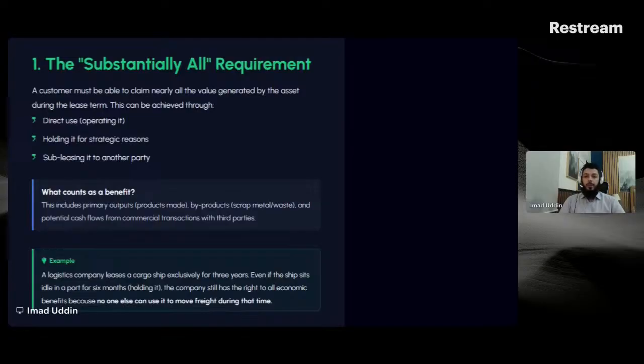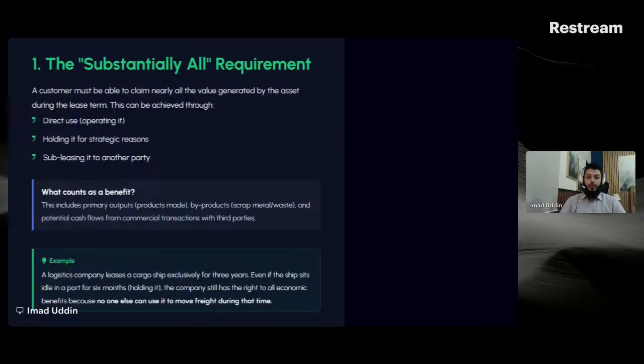A customer must be able to claim nearly all the value generated by the asset during the lease term. This can be achieved through direct use, which means operating it, holding it for strategic reasons, or subleasing it to another party. So if I can obtain a benefit from a particular office by subleasing it, I can still obtain substantially all the benefits from it.